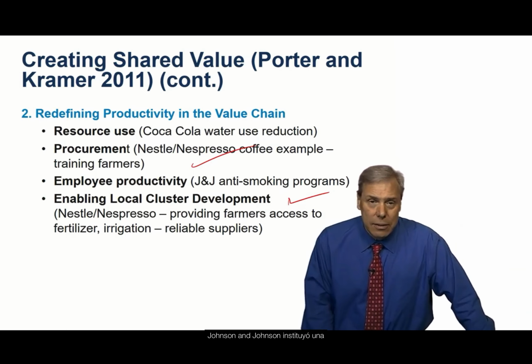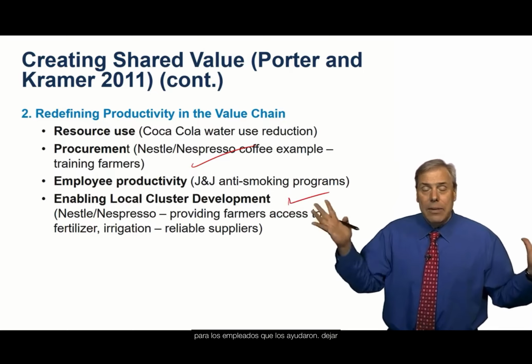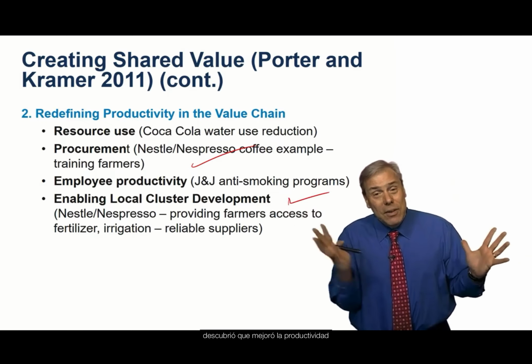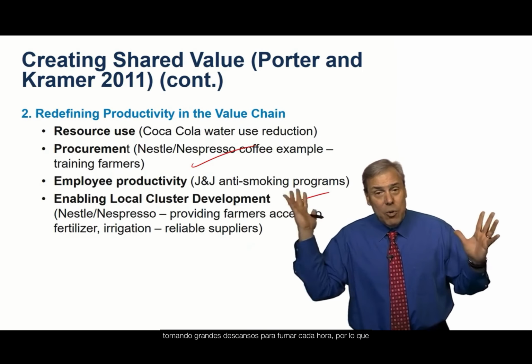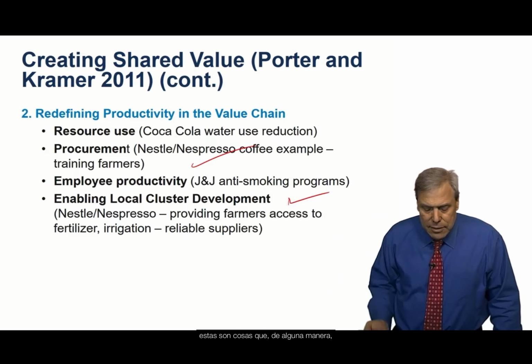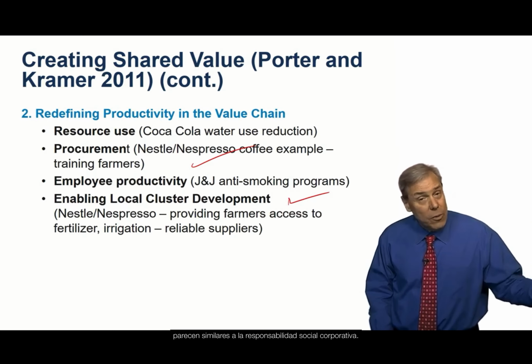So these kinds of things. Johnson & Johnson instituted an anti-smoking campaign for its employees. Well, that was a wonderful thing to do for the employees, helping them get off smoking, but they also found that it improved the productivity of their employees. They weren't out there taking big smoke breaks every hour. So in some ways it seems similar to corporate social responsibility.